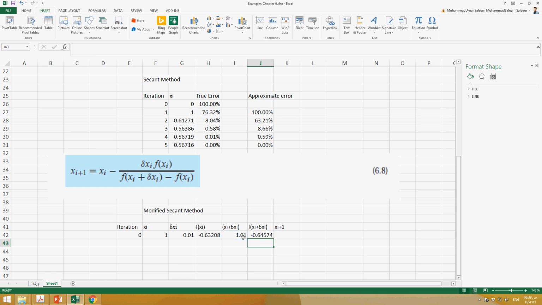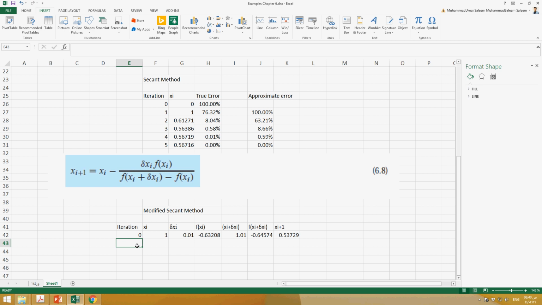Now we can find xi plus 1, which will be equal to xi minus delta multiplied by this value divided by this value minus this value. So this is the next root.